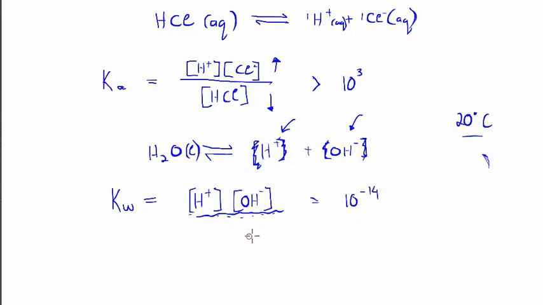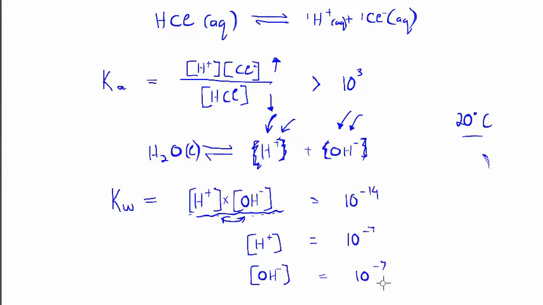If water ionizes, for every one of these ions, there's one of these ions produced. So these two concentrations will be equal. If the concentrations of these two multiplied give me that, then hydrogen ion is 10 to the power of -7 and hydroxide ions is 10 to the power of -7.